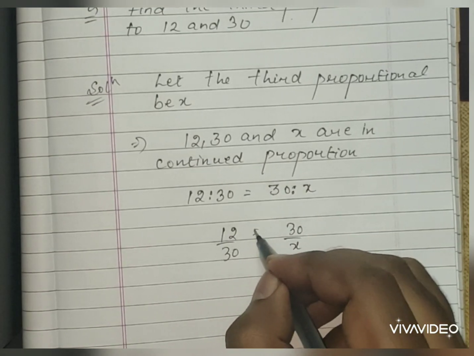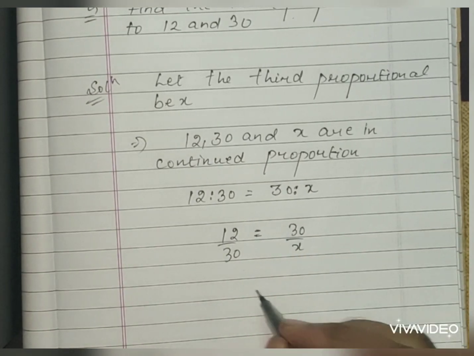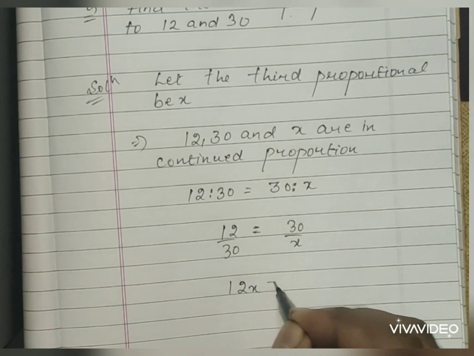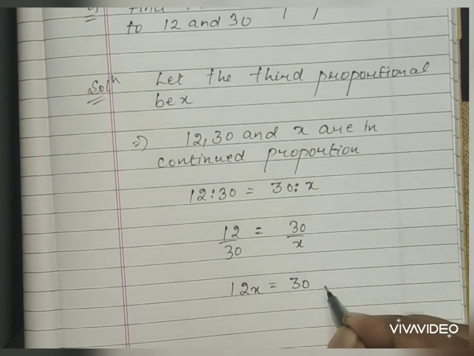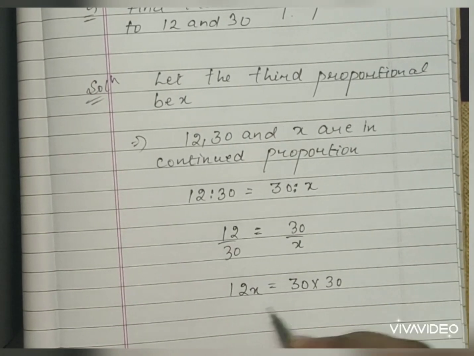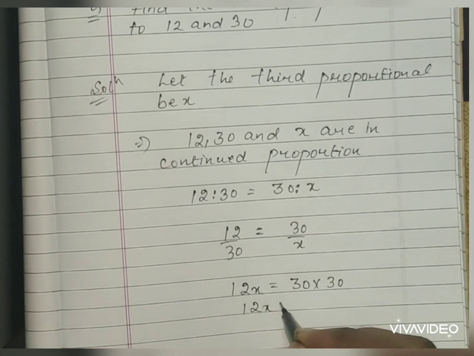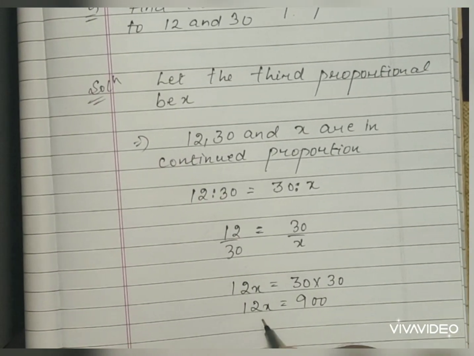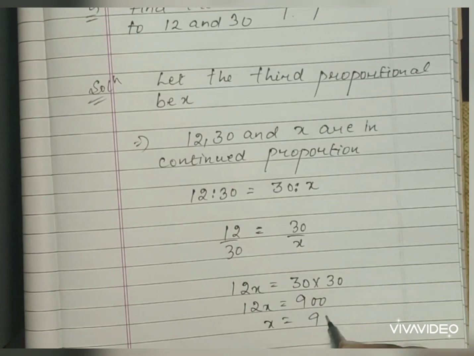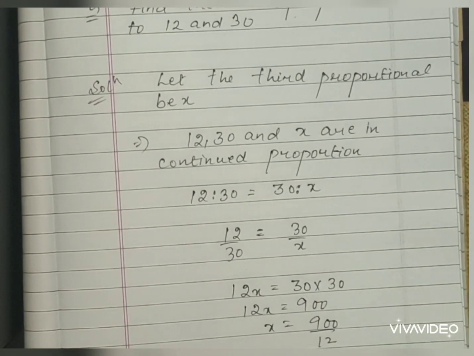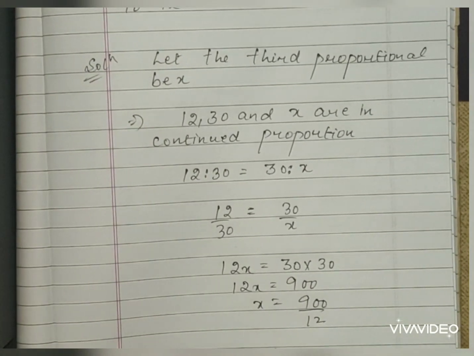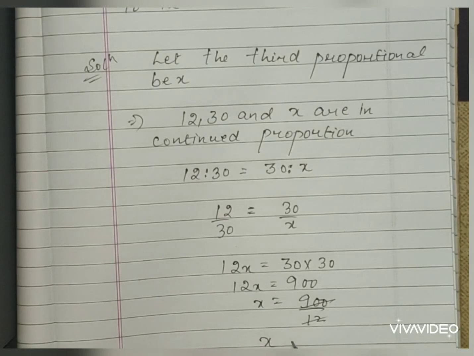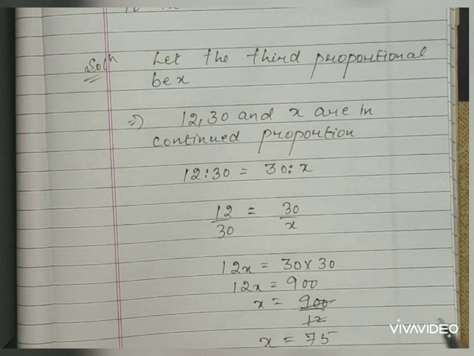Okay, this is the sign of proportion as I've told you. So 12x is equals to 30 into 30. So 12x is equals to 900. So x is equals to 900 upon 12, that is 75.